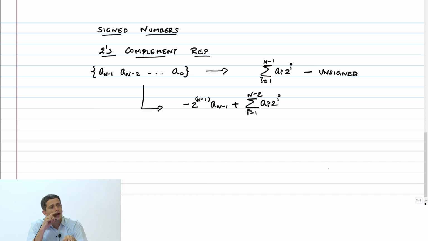So how do you identify if this number is positive or negative? If I give you a 2's complement number, you look at the MSB. If the MSB is 1, you say that the number has to be negative. How do you know?